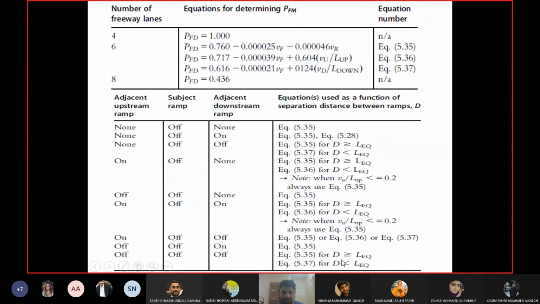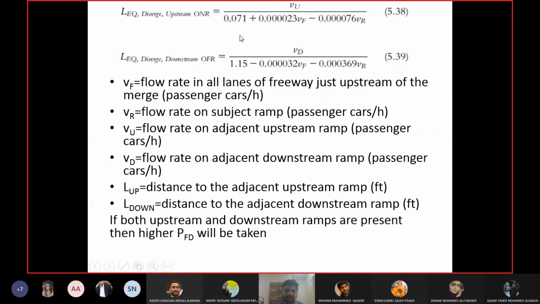And for the LEQ, we have these equations. This one is for upstream on ramp, and this one is for downstream off ramp. You can see we don't have an equation for downstream on ramp for LEQ in this case.